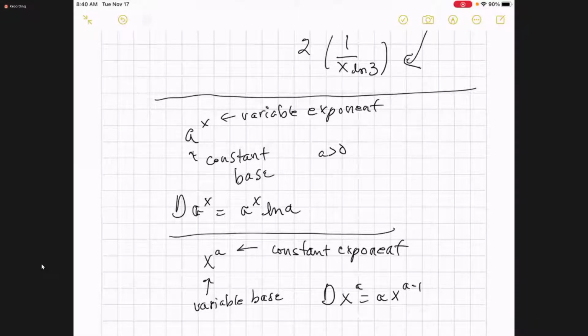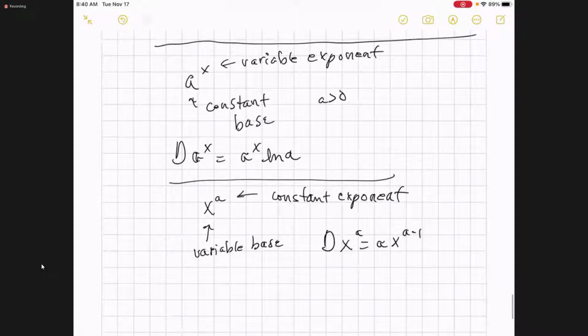So we can handle functions that have either a variable exponent and a constant base, or a variable base and a constant exponent. But either the base or the exponent needed to be a constant.